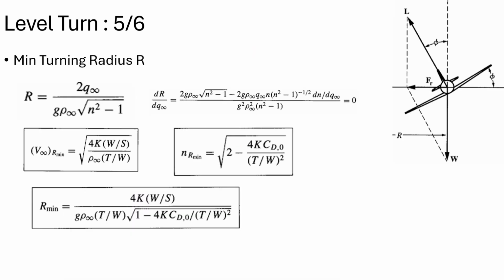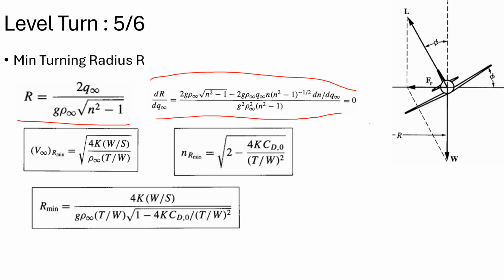Now, the important thing to measure is the minimum turning radius. So we take the equation for R and we differentiate it, right? And we differentiate it in terms of q infinity, which is your dynamic pressure. Why? Because it's easier that way. And we solve this equation, we set the differential equal to 0, we solve it.